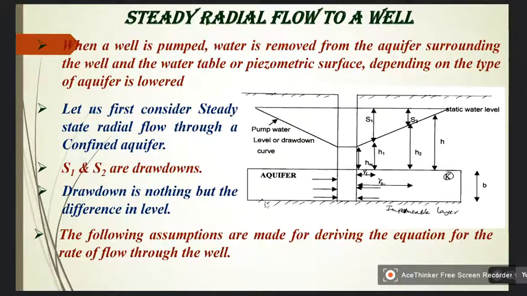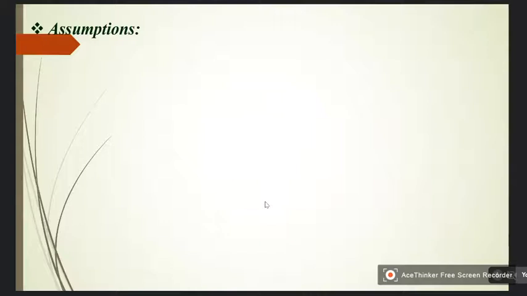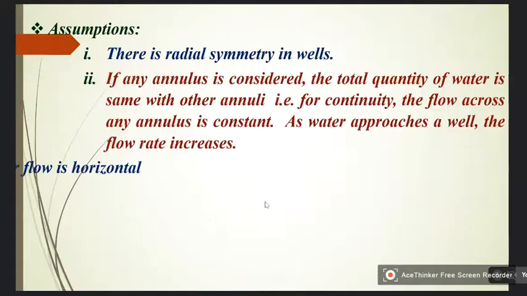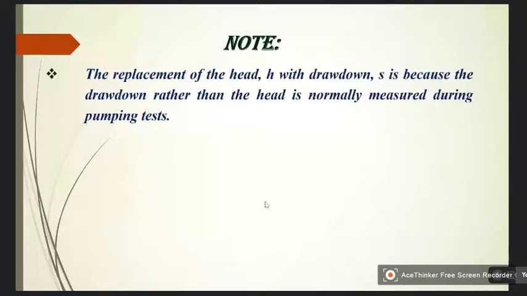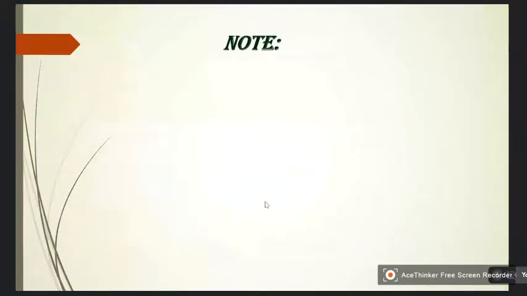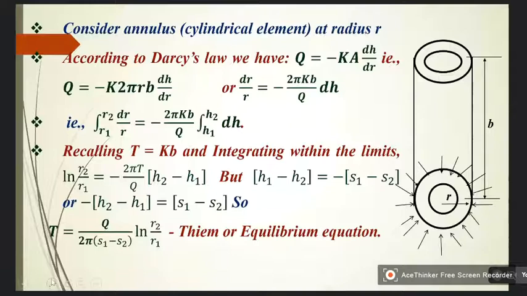Once the discharge is maintained constant, the same phreatic surface is maintained, so there will not be any increase in the drawdown. That is the main assumption. With this assumption, I am considering Darcy's law and we have derived this equation.